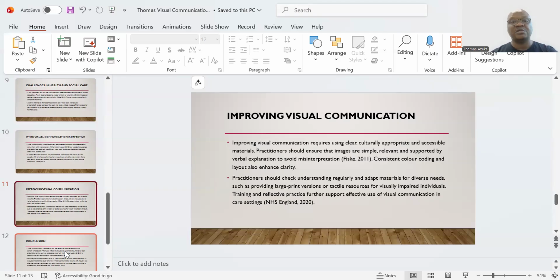Consistent color coding and layouts also enhance clarity. Practitioners should check understanding, regularly review, and adapt materials for diverse needs, such as providing large print versions or tactile resources for visual impairment, along with training and reflective practice.